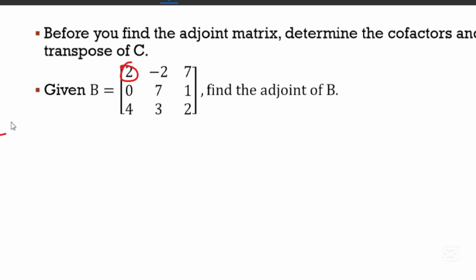So you have 7, 1, and then 3, 2. So this one gives us 7 times 2 is 14 minus 3 times 1, which is 11.